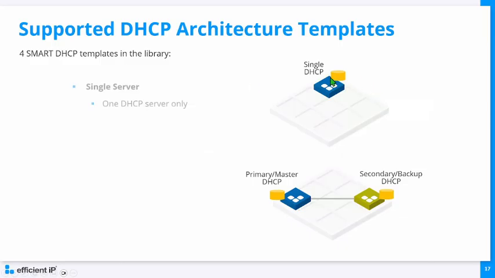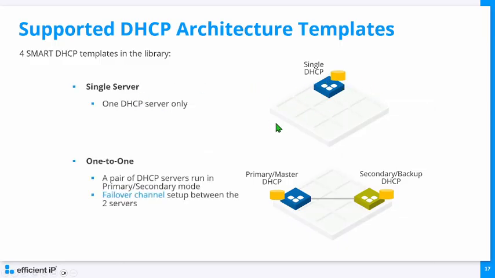You have a single server, which is for if you only have one DHCP server. You can create a smart architecture with a single server, and then you just add the single server as a member, and you manage it from a smart architecture.